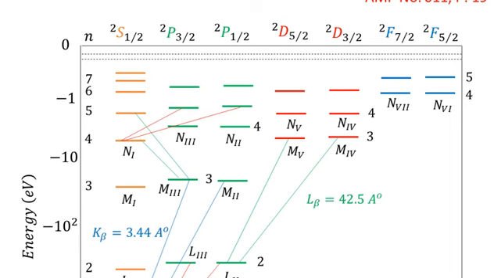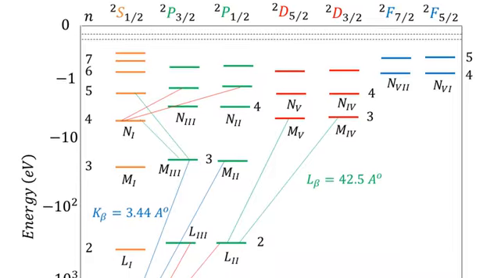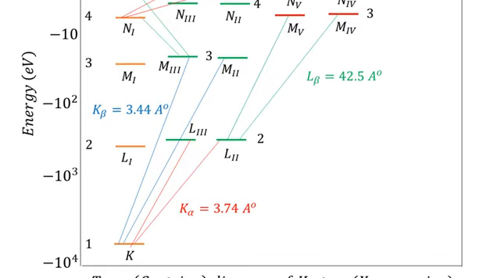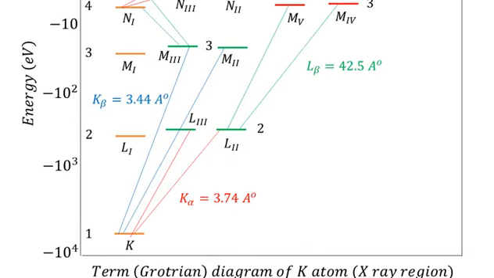And I have shown the principal quantum number on the left side of this diagram. I am now starting with the principal quantum number n equal to 1. So it means that I am talking about the K shell. Here I have plotted the K shell.